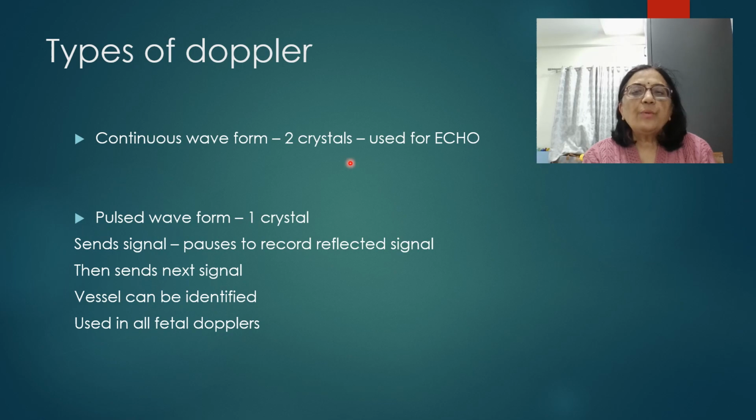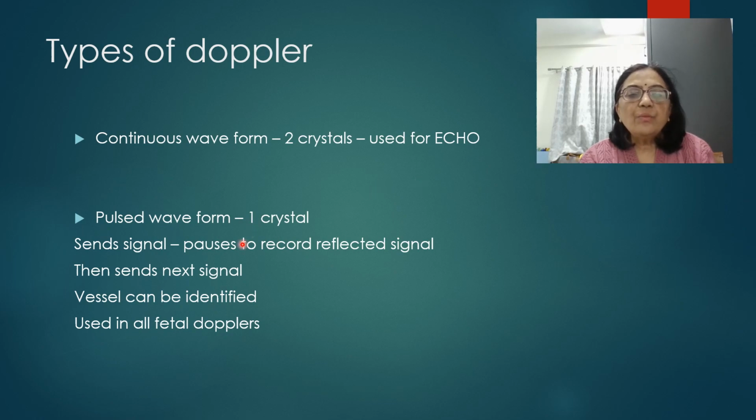There are two types of Doppler. One is continuous waveform and the other is pulse waveform. What we need to understand is that in fetal Doppler we use pulse waveform, whereas continuous waveform is used in echo, where two crystals are used. One crystal is continuously sending the sound waves, and the other crystal is continuously capturing or recording the reflected waves.